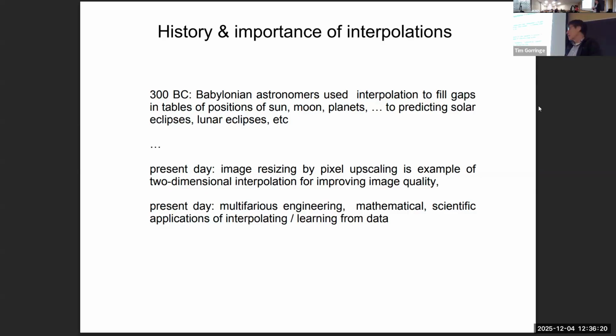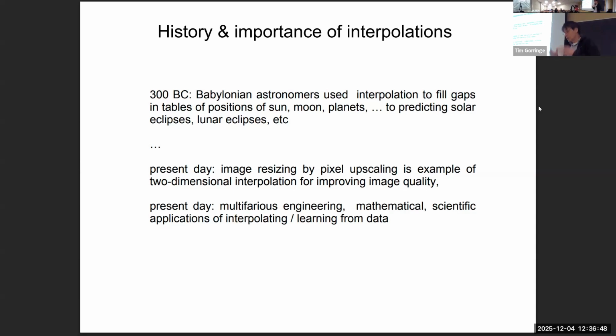Present day, interpolation has become a big business. I've got one example and then a general comment. If you've got a digital image and you want to resize that image, to make it a bigger digital image, we can resize that image by interpolating between the pixels to make an image that has more pixels.